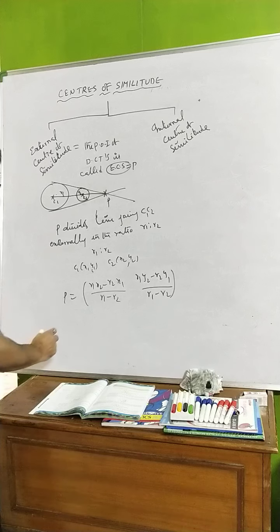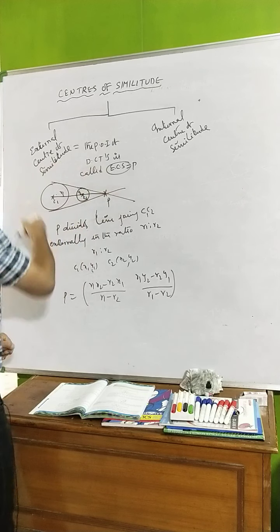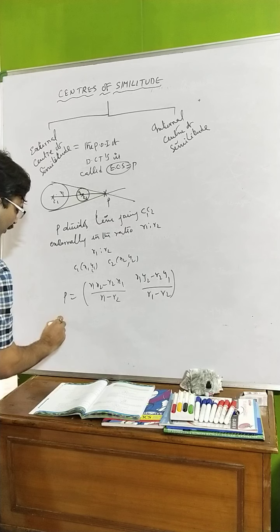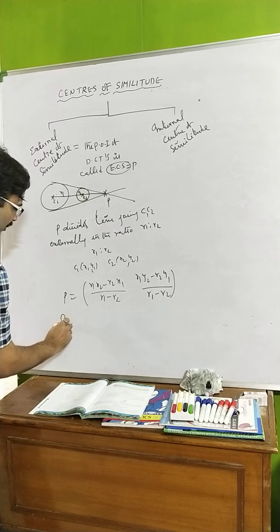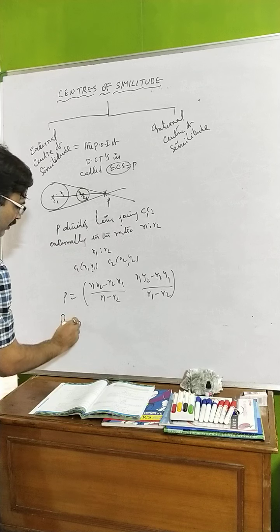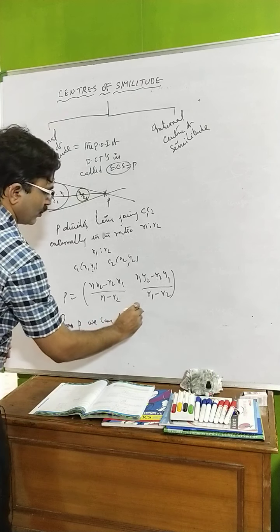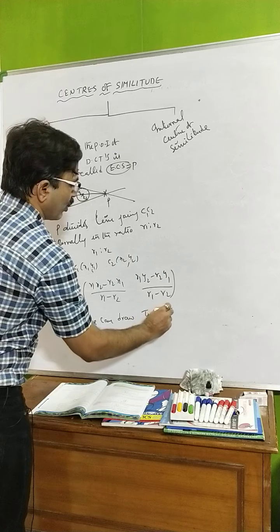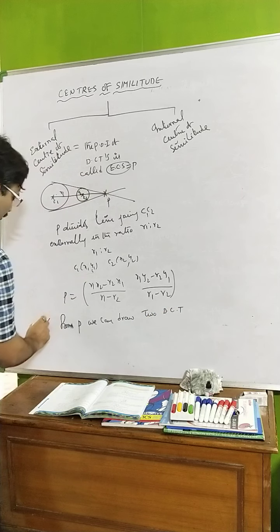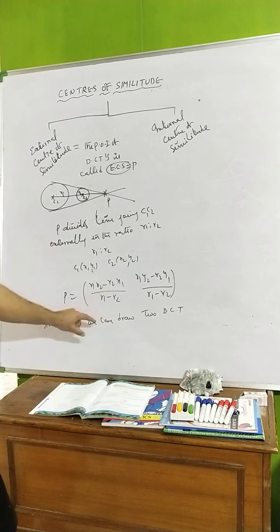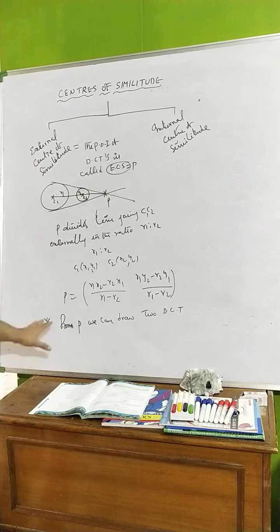And also one more point you remember: from P how many tangents can be drawn? 2 tangents. Right? From P we can draw 2 direct common tangents to the given 2 circles.